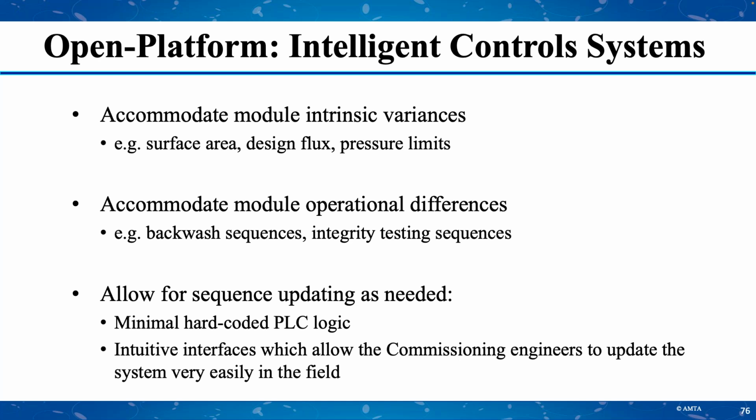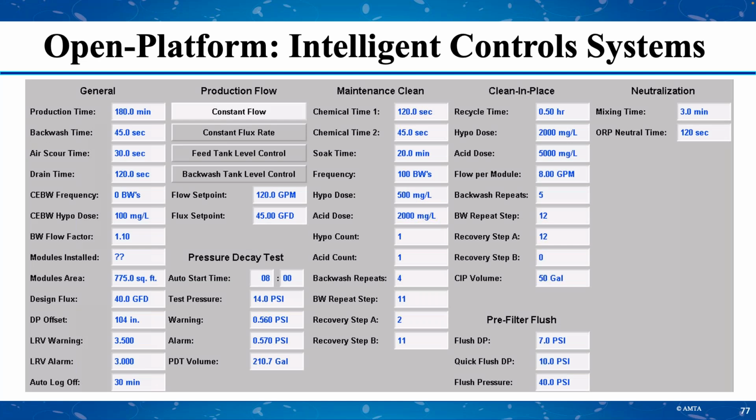We've also evolved our controls to allow for easier updating or sequence changing during commissioning or when we change from one brand to the next. So there's less hard-coded PLC logic and more intuitive interfaces, which allow our commissioning team and customer engineers to update the system in the field as easily as possible.